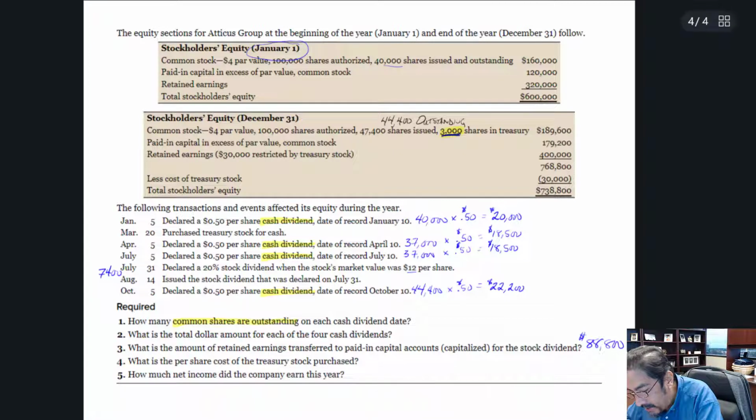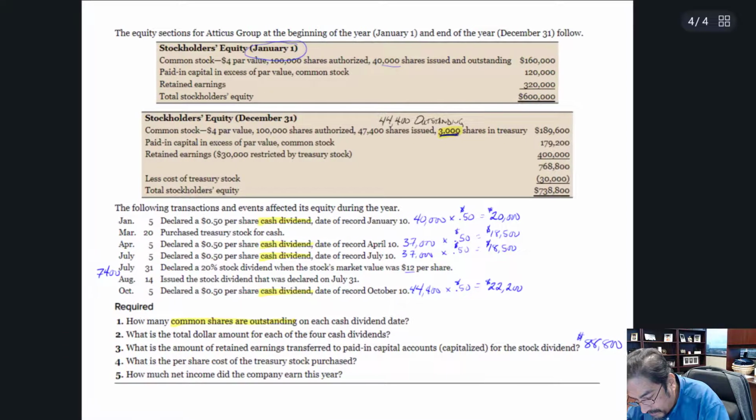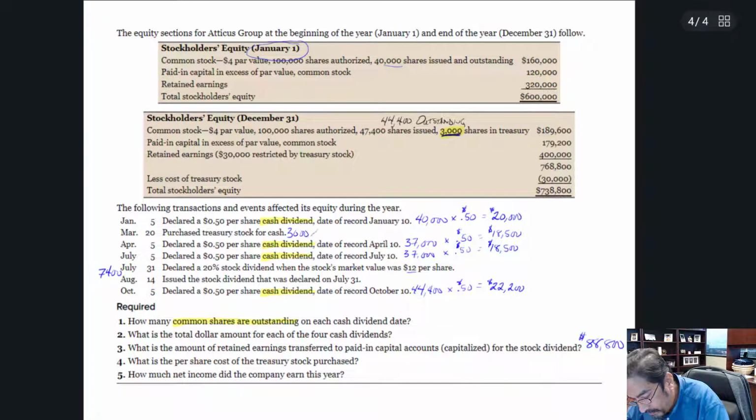We figured out that on March 20th, when we purchased the treasury stock, it was 3,000 shares. The 3,000 shares times the per share cost would get us the total amount. They're asking us, so we need the total cost of treasury stock.